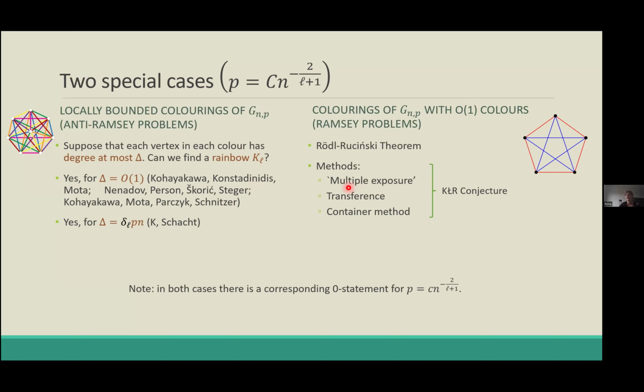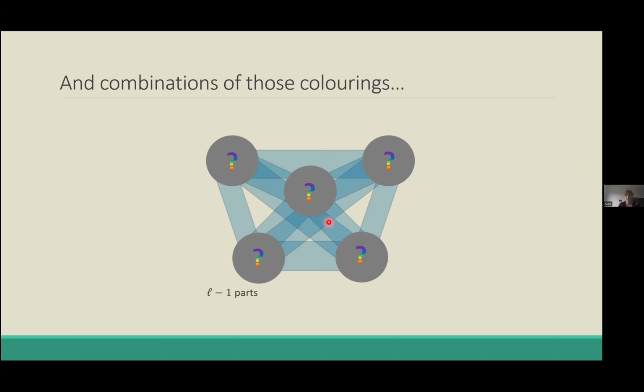So the difficulty is in deciding on the case distinction. So in which case, for which colorings are you trying to find a monochromatic copy or a rainbow copy or a min colored or max colored copy? So for instance, the adversary can use this L-1 partite blue coloring.